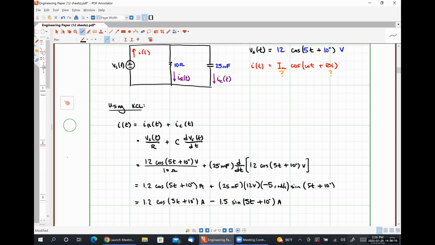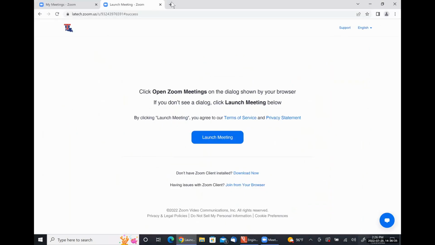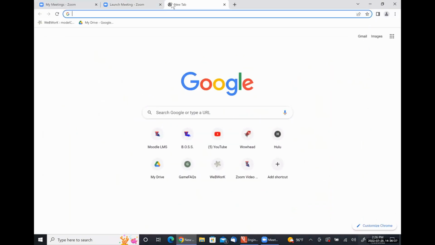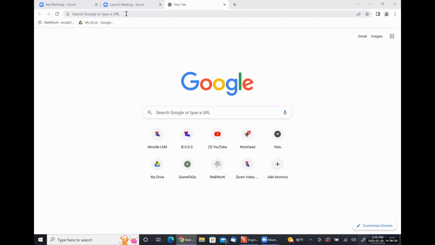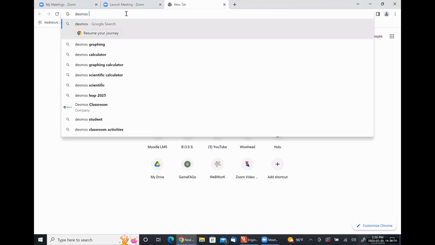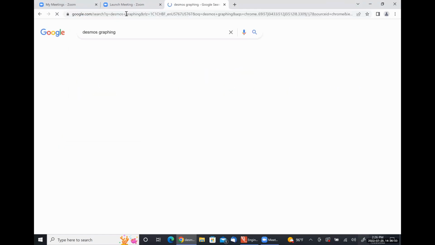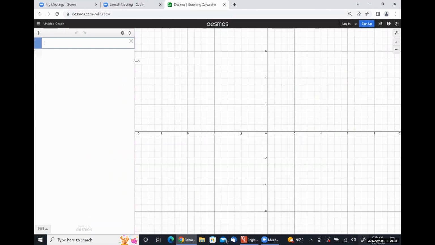So I want to take a pause, take a break real quick here, and I want to look at something using a graphing calculator tool. Okay. So what I'm doing right now is I'm just going to Desmos graphing calculator. And I'm going to type in those two functions. Okay.